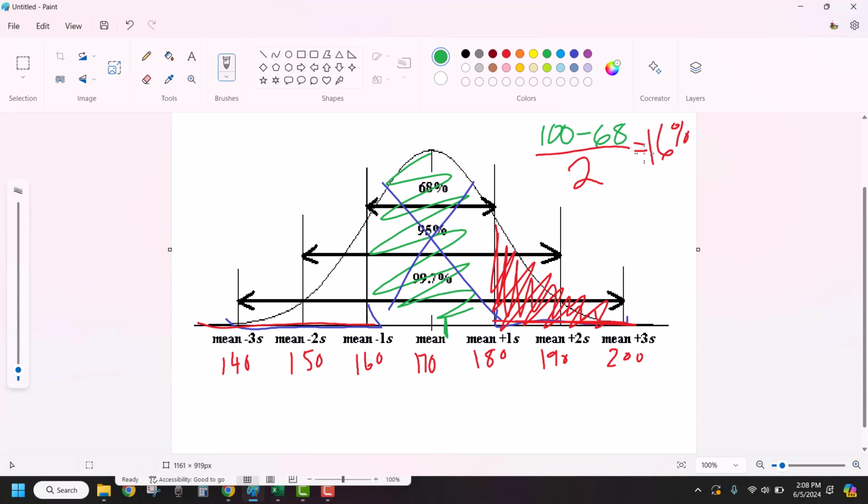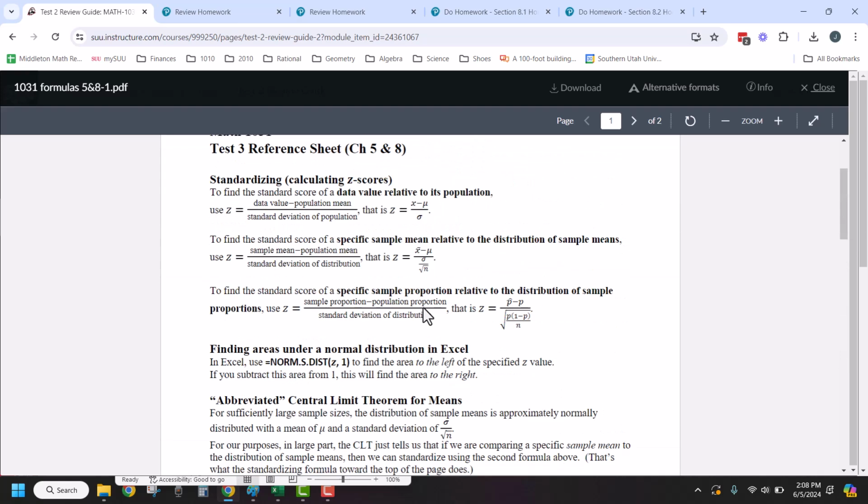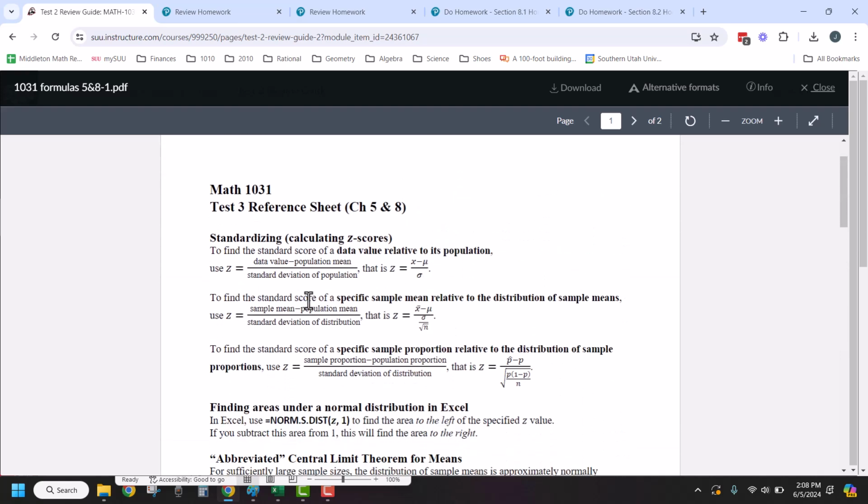And the way that we work with data points like that is we calculate what's called the standard score or the z-score. So if we look at your formula sheet for this chapter's test, you can see the standard score or the z-score is calculated by taking the data value, subtracting the mean, and dividing by the standard deviation of the population.